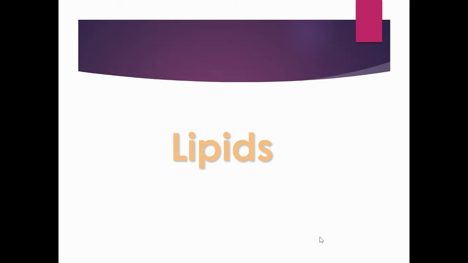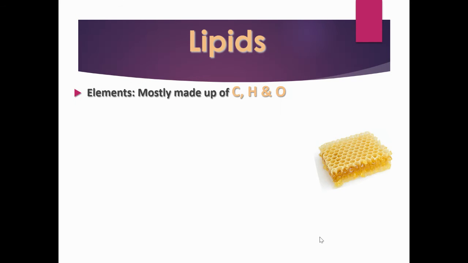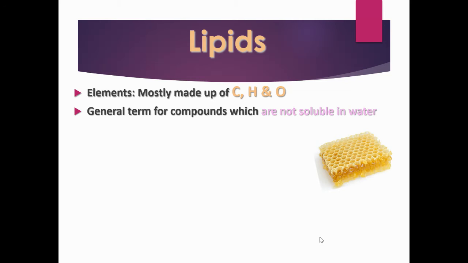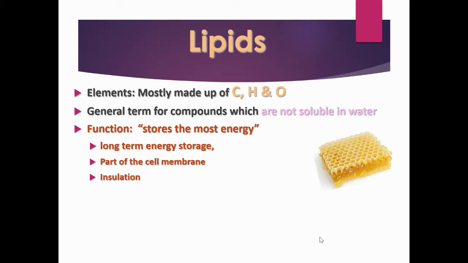The first is lipids, also known as fats. They're made up of C, H, and O: carbon, hydrogen, and oxygen. So we say CHO. This will help us remember lipids are made up of carbon, hydrogen, and oxygen. They are not soluble in water, and their function is stored energy.